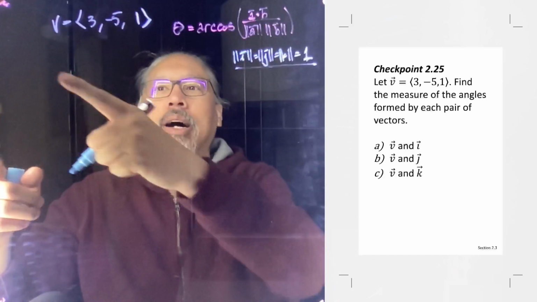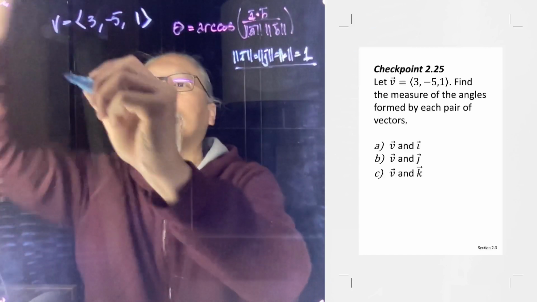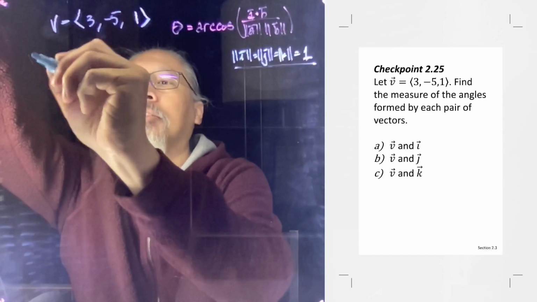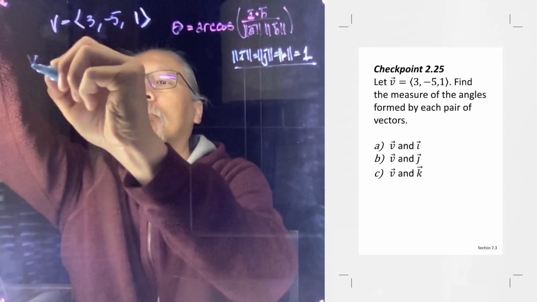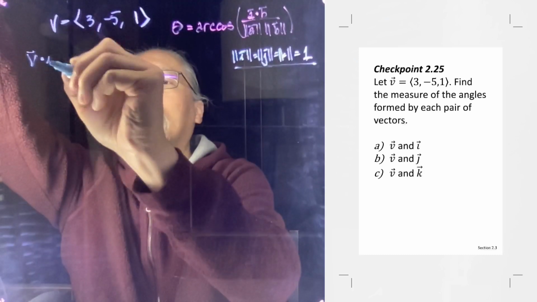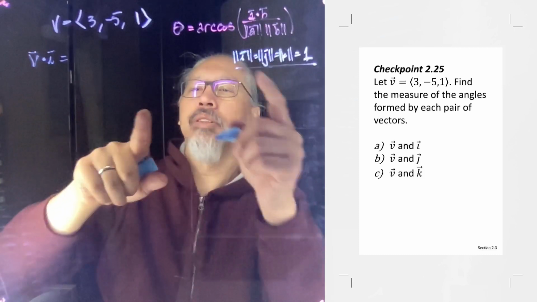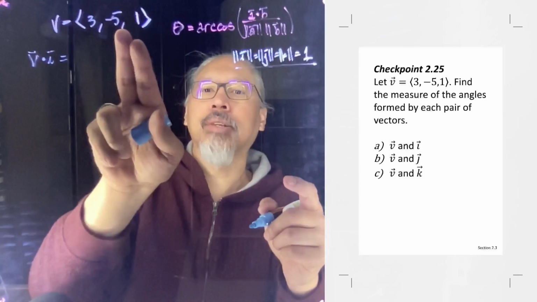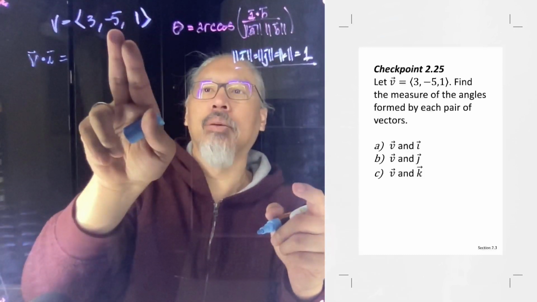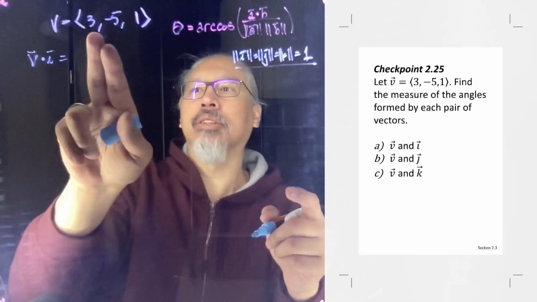Also, if we do v dotted with the i vector, it's going to be <1, 0, 0>, so it essentially wipes out the y and the z components, and it'll just give you 3.